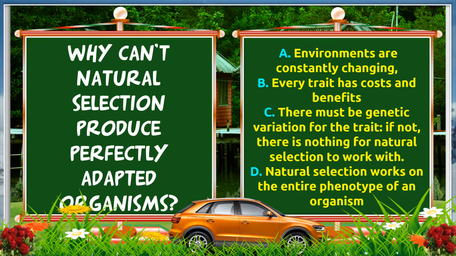Three, there must be genetic variation for the trait. If not, there is nothing for natural selection to work with. Fourth, natural selection works on the entire phenotype of an organism.